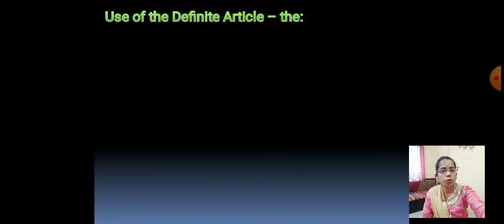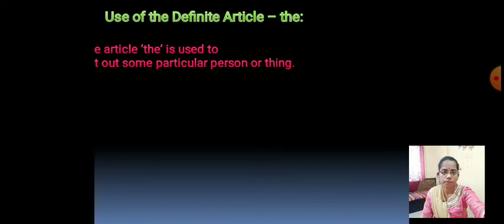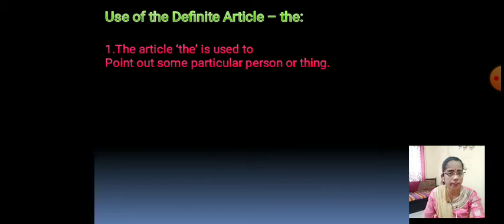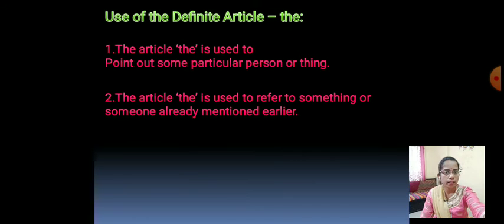Next, the use of the definite article the. The article the is used to point out some particular person or thing. It is also used to refer to something or someone already mentioned earlier.